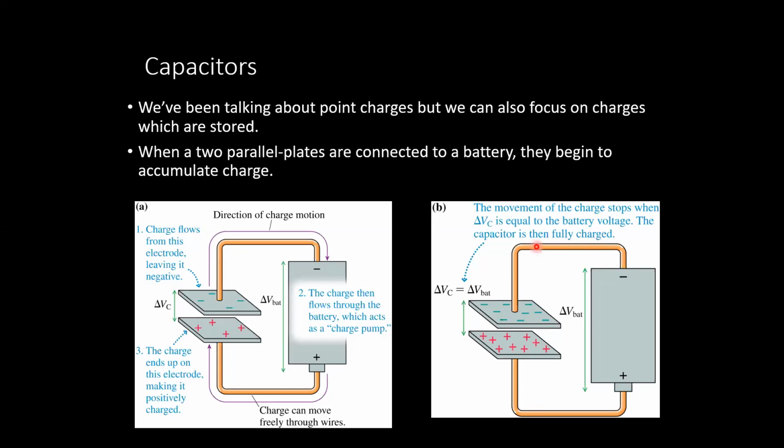The same thing down here. This positive plate and this wire will maintain whatever positive voltage it has. Going back to my example of the 3.0 volt battery, this plate will be at 3.0 volts and this negative plate will be at 0 volts. Same voltage difference as your battery.